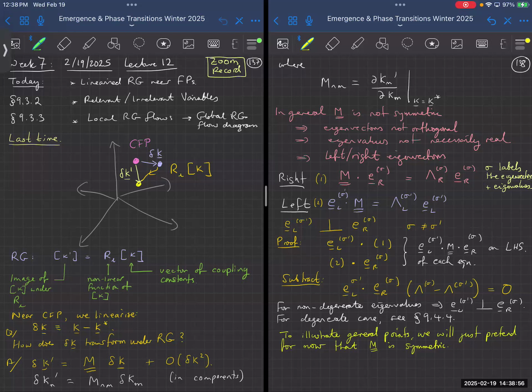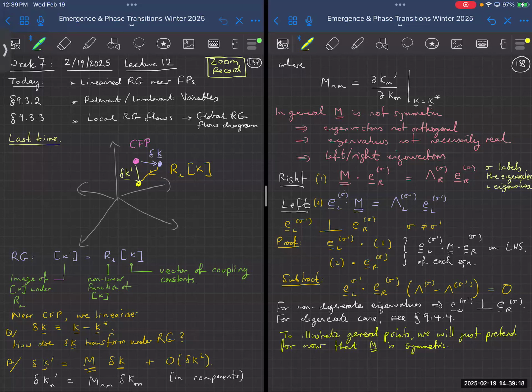And assuming that the eigenvalues are non-degenerate, then lambda sigma is not equal to lambda sigma prime. And so therefore the dot product of the left and the right eigenvectors has to be 0. And it can be more complicated than this, and that's discussed in section 9.4.4 of my book.